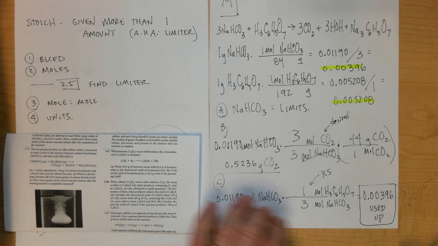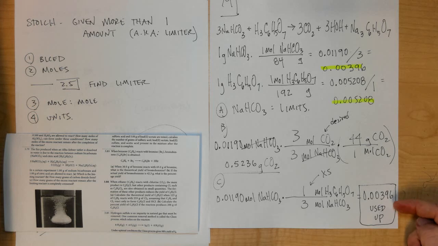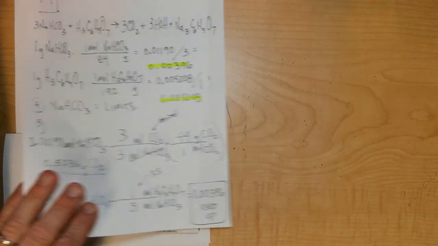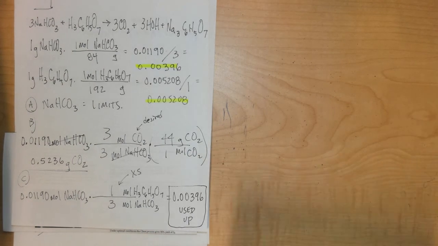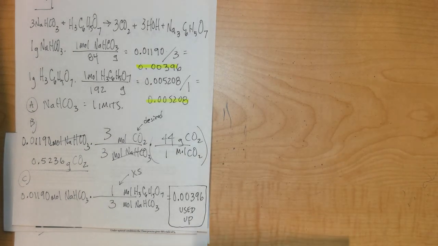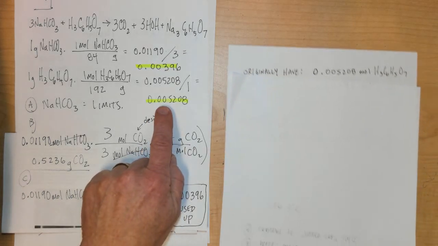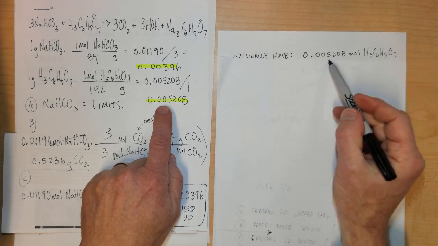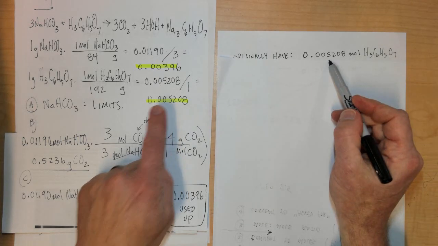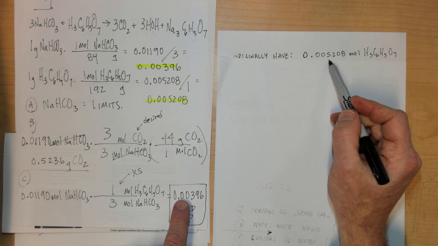Kind of like when we were making cars, with cars and tires. This would be like how many car bodies were used up. So, if I used up this many, and if I started originally with this amount right here, here's how much I originally had, here's how much I'm going to use up.